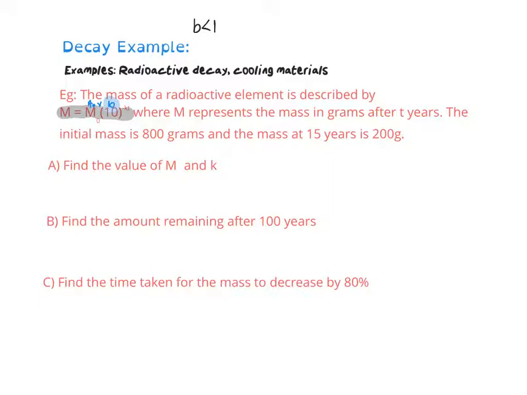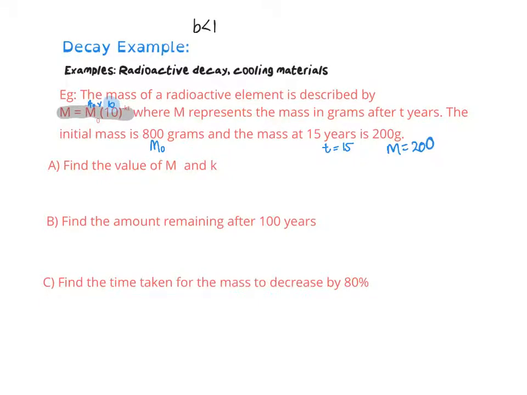So if you see the initial mass, what do you think that is? M0. Yeah, good. And the mass at 15 years, so they gave you a time, when T is 15, they told you that M equals, what did it equal? 200.